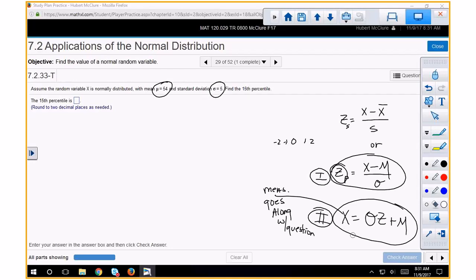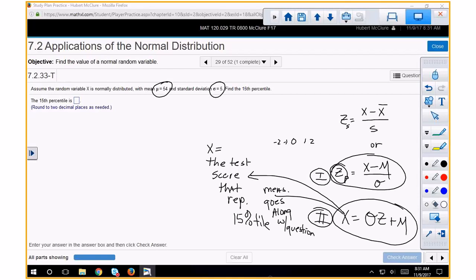The test score that represents the 15th percentile. So with this question, X equals the test score that represents the 15th percentile.